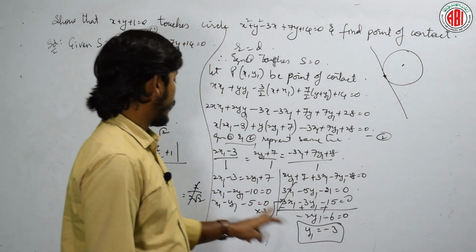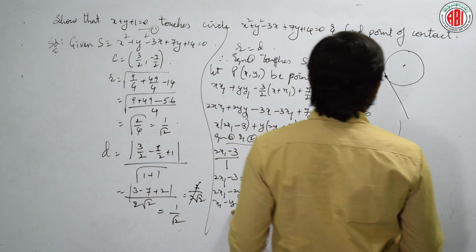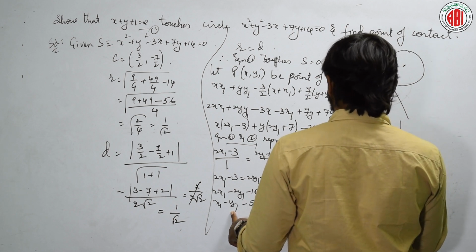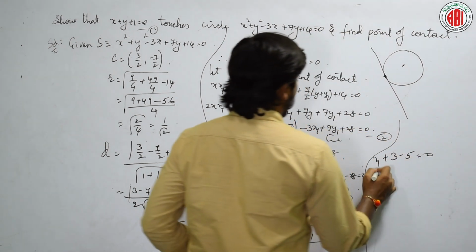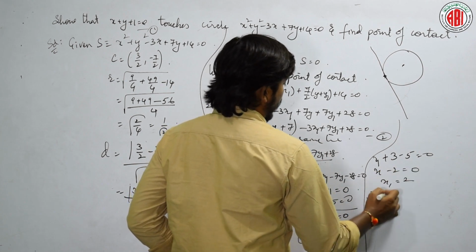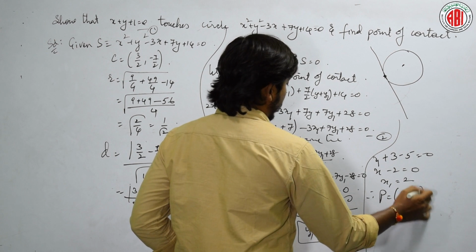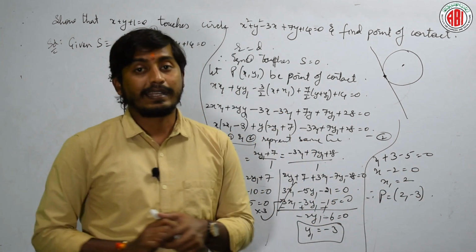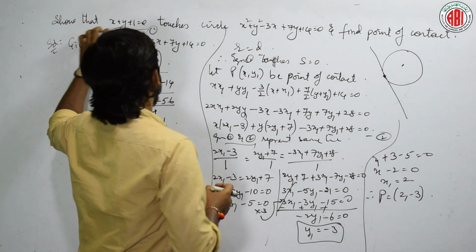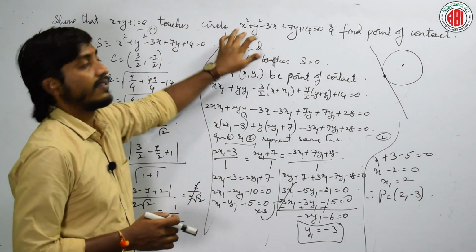Clear? Substitute this y1 in any one of the equations. I will get x1 plus 3 minus 5 is equal to 0, that is x1 minus 2 is 0, x1 is equal to 2. Therefore, the point is (2, minus 3). Is it right? You understand? What did we do? We started from the basics, proving that this line touches the circle.